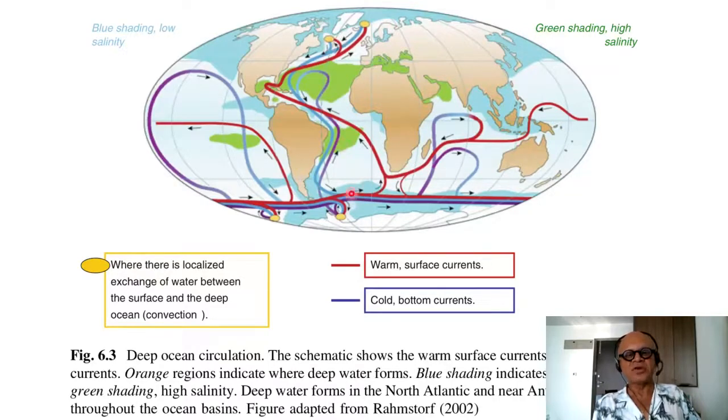So this is the thermohaline circulation. The red lines here are warm surface currents, and blue lines are the cold, deeper waters. So it could be North Atlantic deep water, Antarctic bottom water, Antarctic intermediate water, and so on.